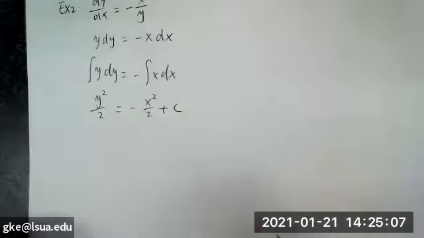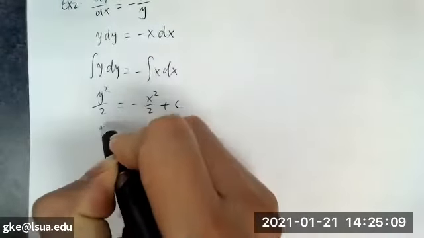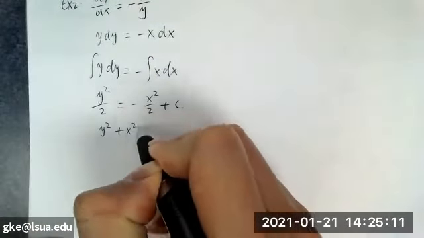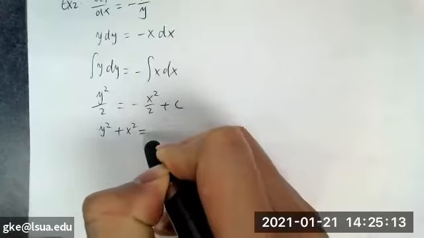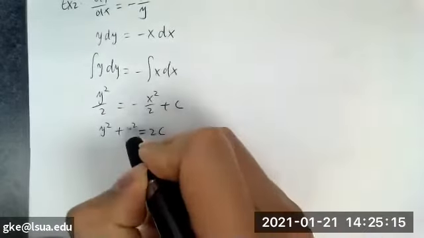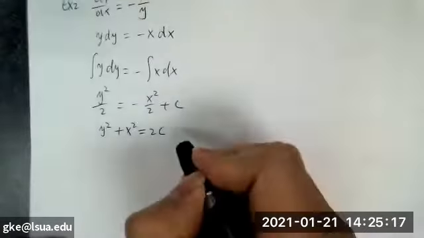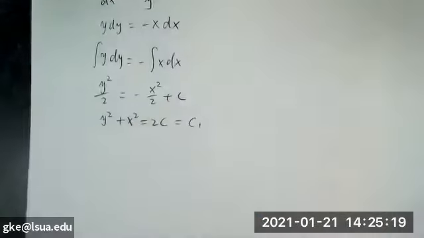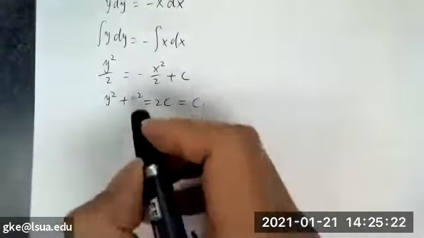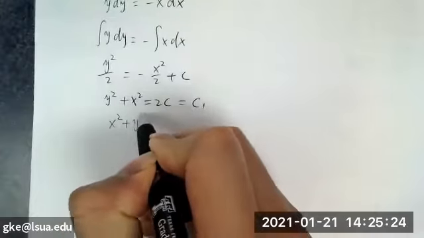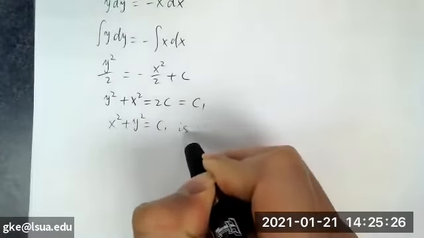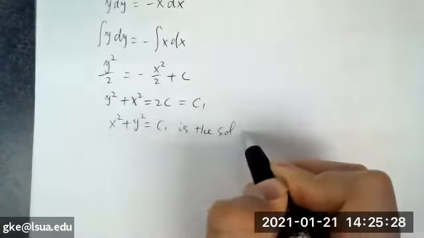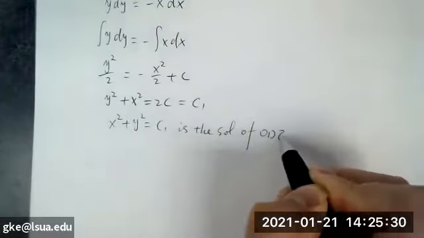Times 2, we got what? And this guy equals C1, right? So we got x squared plus y squared equals C1 is the solution of the ODE.